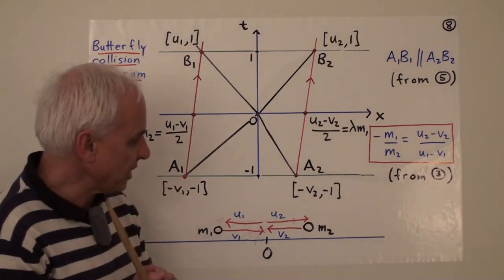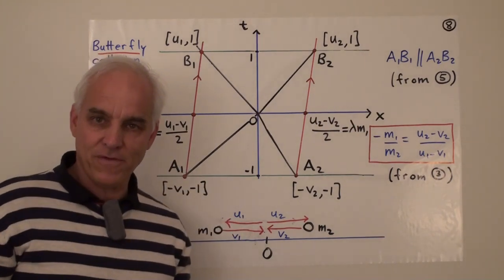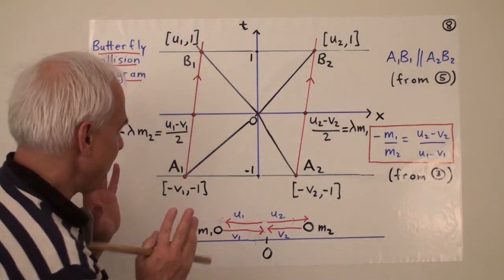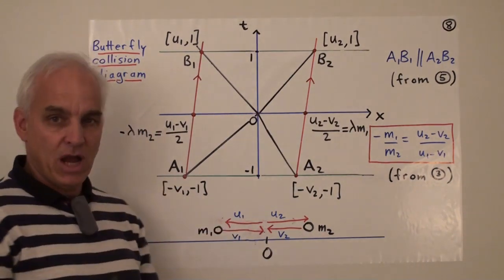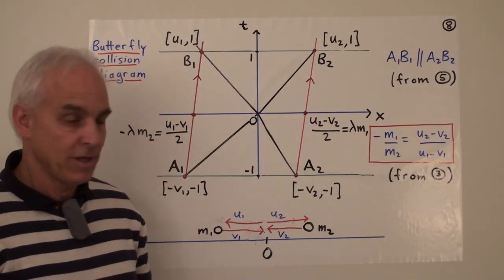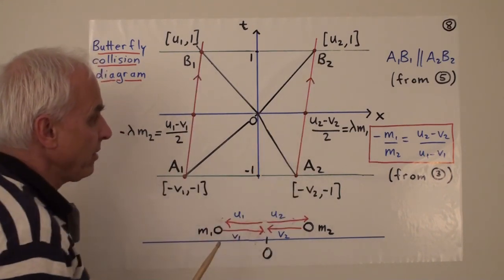So this is kind of interesting because now we're in a position to geometrically solve this problem. We had an algebraic solution before, but now we see that it's actually reflected in sort of pleasant geometry of this butterfly kind of configuration. Just remember that these lines are always parallel.